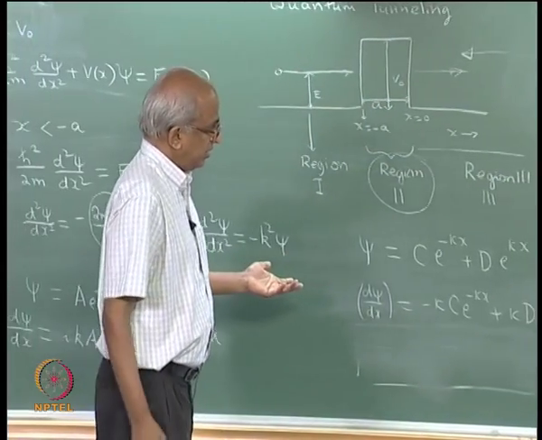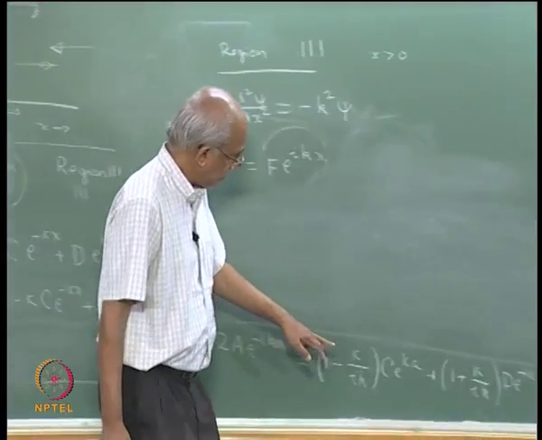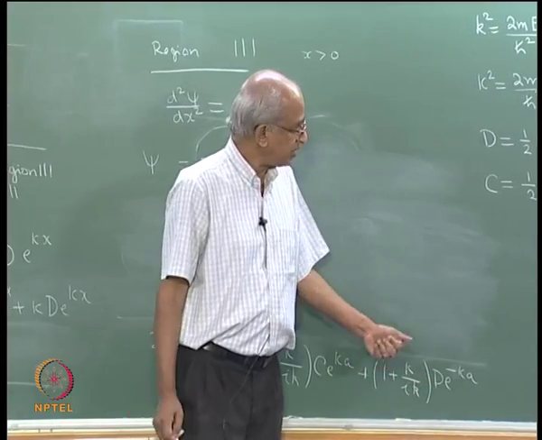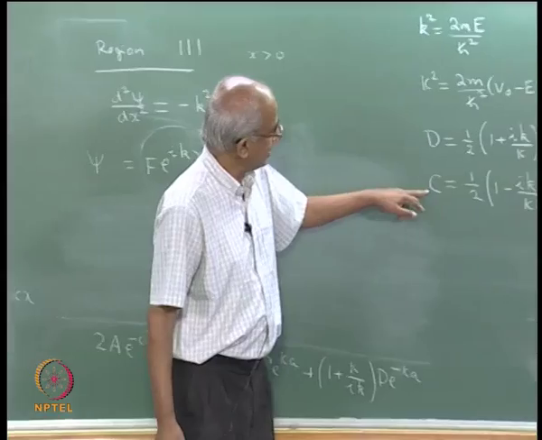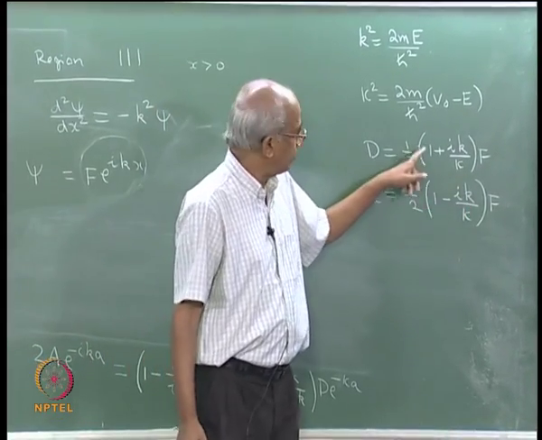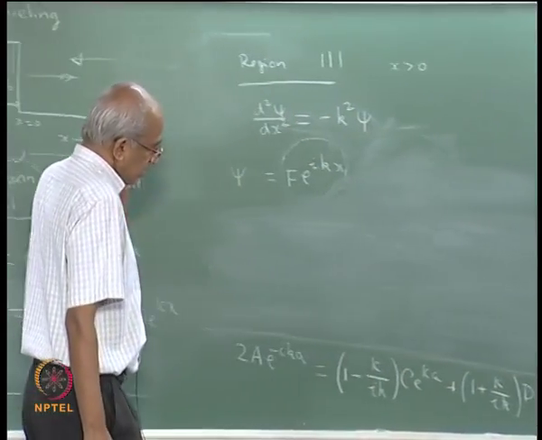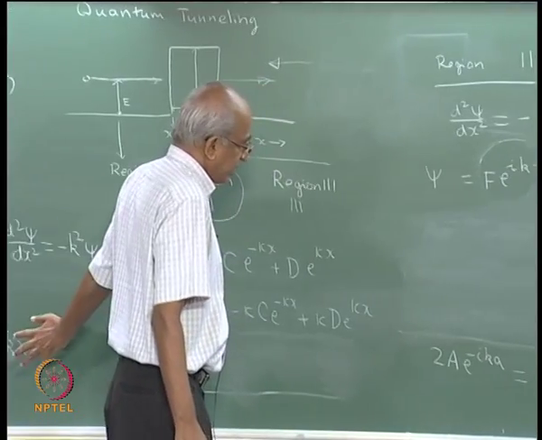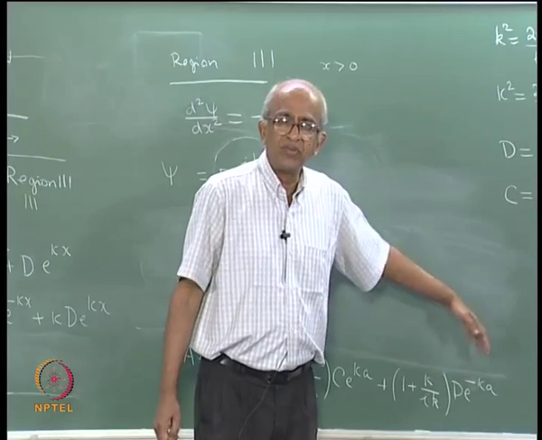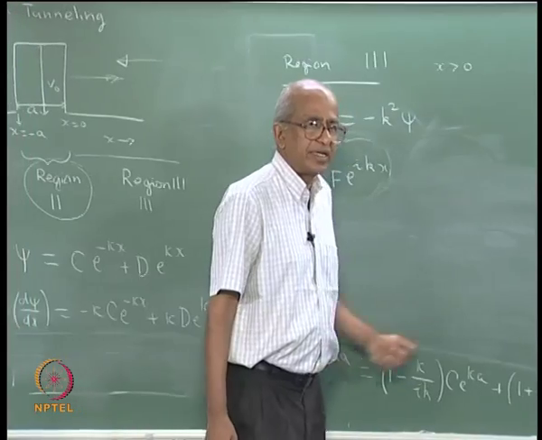So, you see, what I have done is I have an expression for A in terms of C and D, but notice that I have already obtained expressions for C and D earlier. They have been obtained in terms of F. So, if I use these two equations in this equation, on the left hand side I will have A, while on the right hand side I will have this object F, and you will find that there is a relationship between A and F.